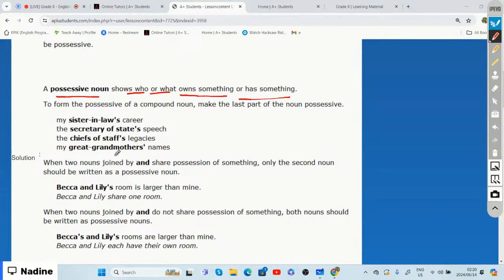And in order for us to form the possessive of a compound noun, we need to make the last part of the noun possessive. And then we made a few examples of the words that we see on the screen.